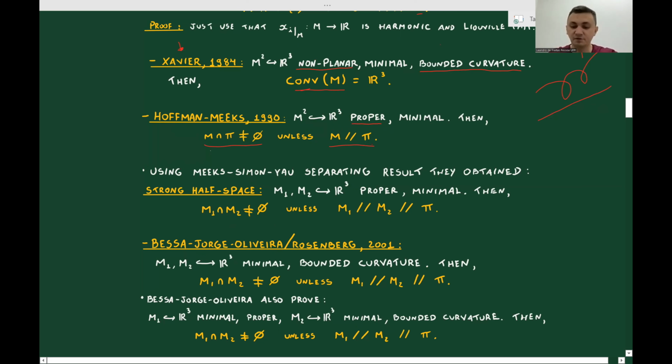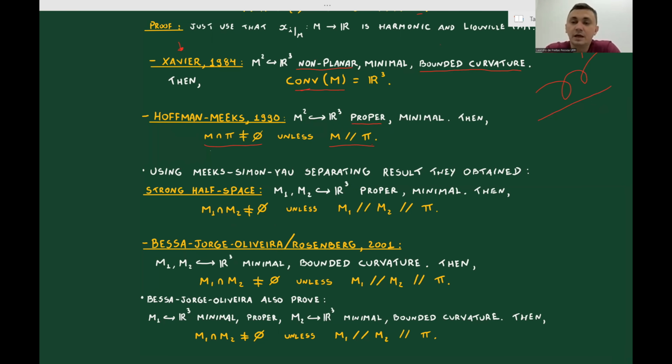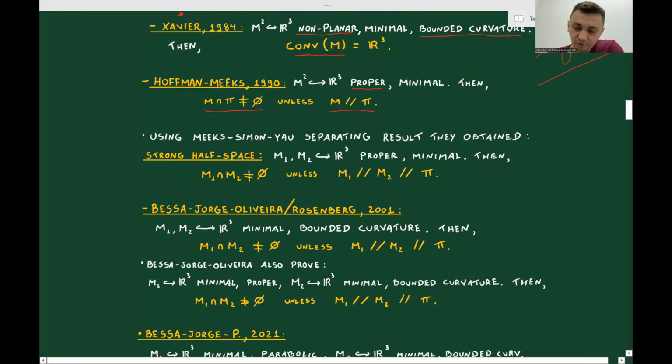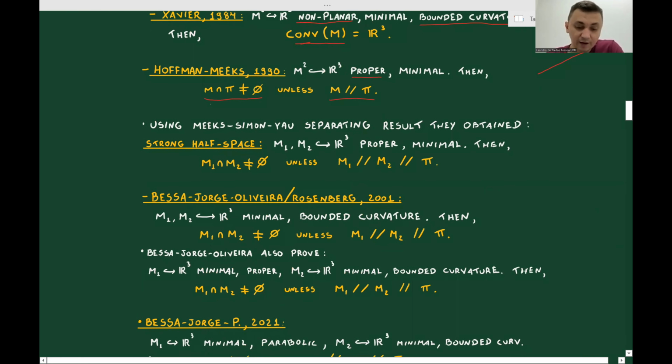So here the minimal surface is assumed to be complete, and in this case, M must be a plane parallel to pi. Okay, but in the same paper, Hoffman and Meeks considered a kind of strong half-space theorem. So they consider not only one minimal surface against a plane. So they consider two minimal surfaces inside the same class.